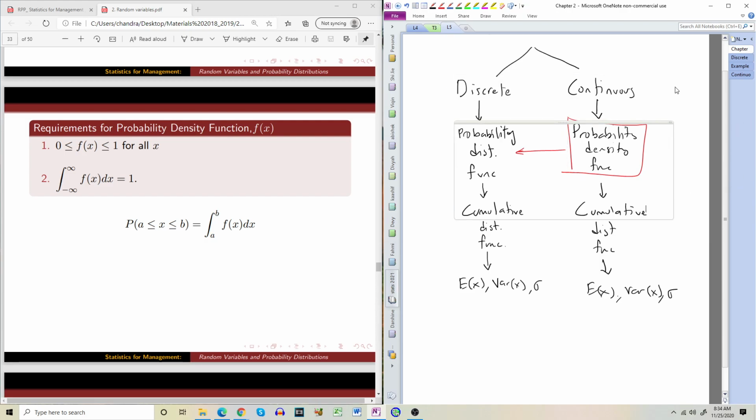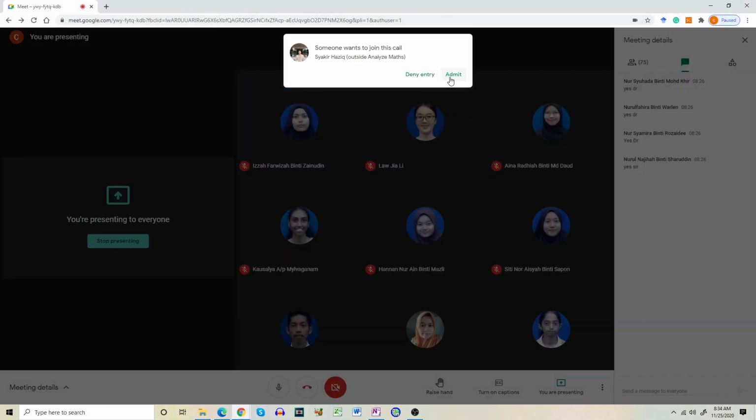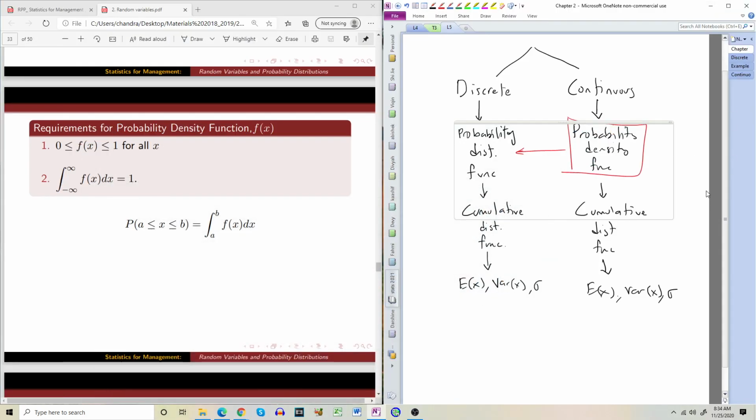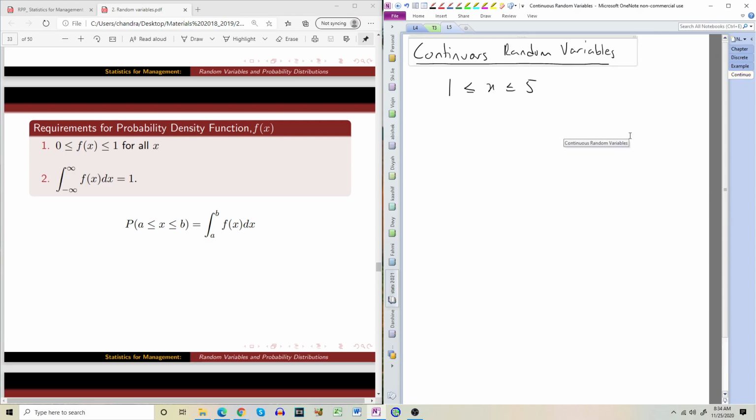So we're going to see the same thing in continuous as we did for discrete, except for the probability density function, which has some different terminology. The two conditions for continuous random variables are almost the same.